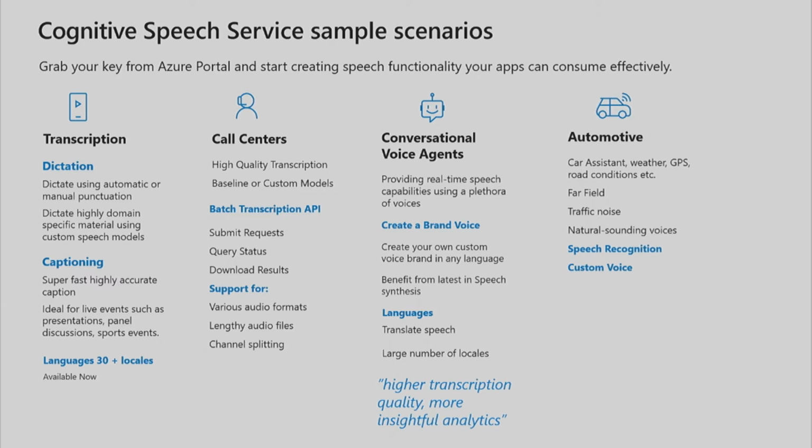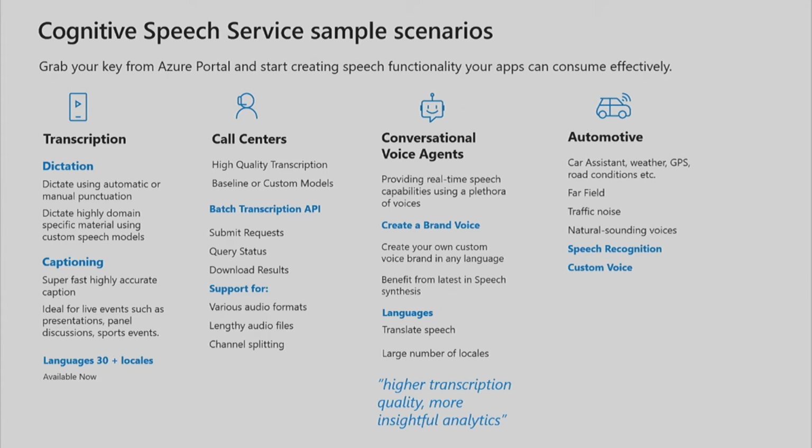Call centers. There are 2 scenarios in call centers that we implement with this tech. There is the real-time scenario where the calls are being streamed in real time and are being analyzed for telemetry, for sentiment, for things like that.